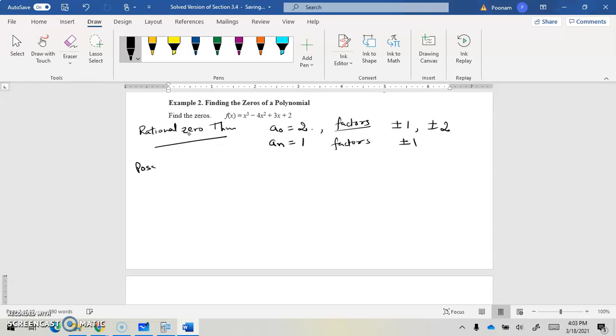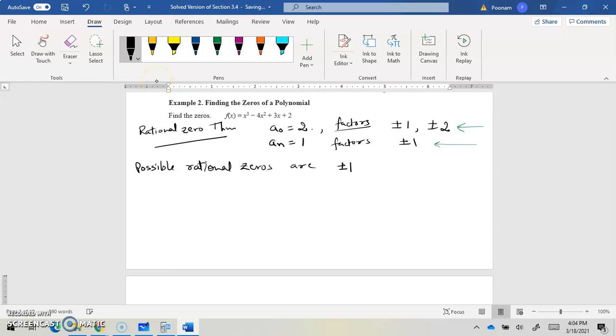So possible rational zeros will be those where the numerator comes from the factors of a naught and the denominator comes from the factors of 1. So what are the possibilities?